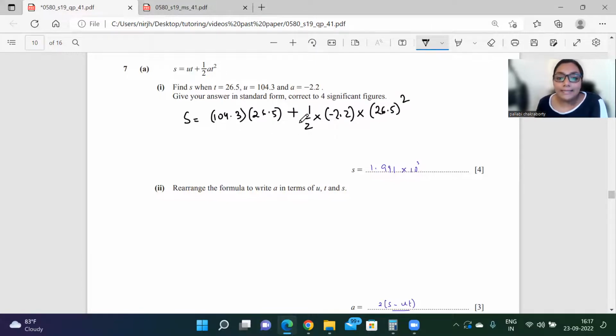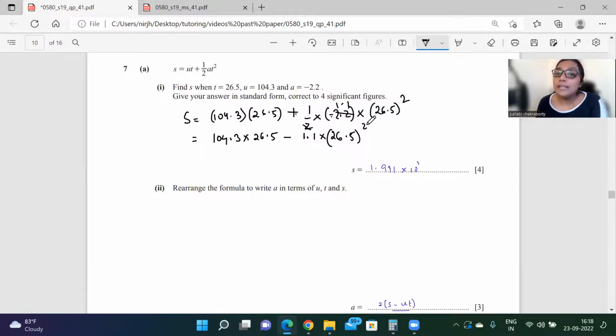Now what I like is simplifying it before I put it in the calculator. So I have 104.3 times 26.5 plus, I will cancel out this 2, it becomes 1.1, and I will make the whole thing negative. There's a plus and there's a minus, right? So I'll make it minus 1.1 times 26.5 squared.